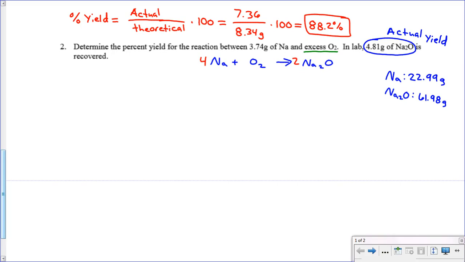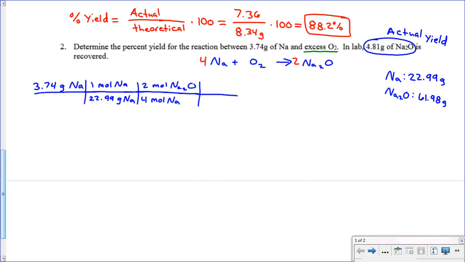We start off with the amount of sodium that they give us here, so 3.74 grams of sodium. We need to go from grams to moles for sodium, so it's 22.99 grams of sodium in 1 mole of sodium. And then we need to go from moles of sodium to moles of Na2O. So there are 4 moles of sodium for every 2 moles of Na2O.